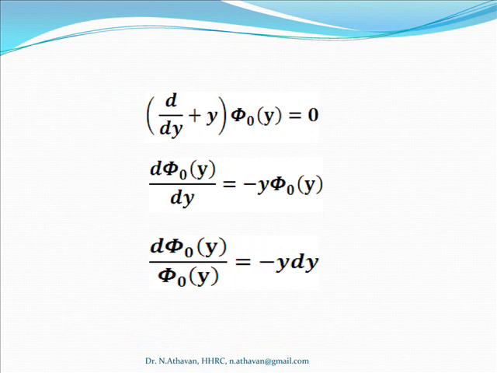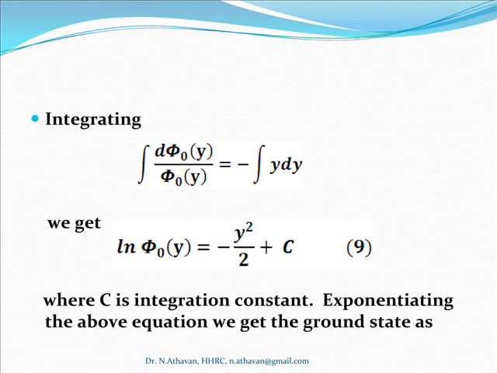Substituting equation 8 in equation 7, we get (d by dy plus y) into phi 0 of y is equal to 0. After the operation, we get d phi 0 by dy is equal to minus y into phi 0. That is, d phi 0 by phi 0 is equal to minus y dy.